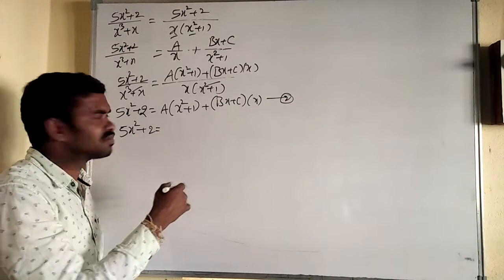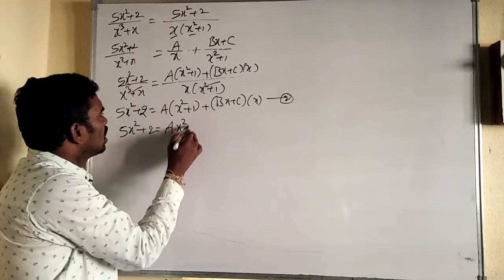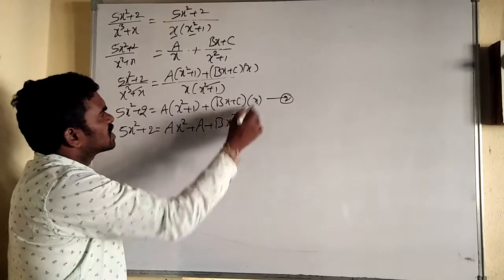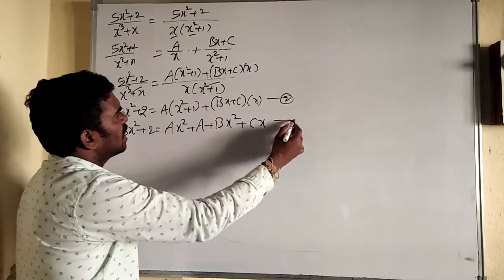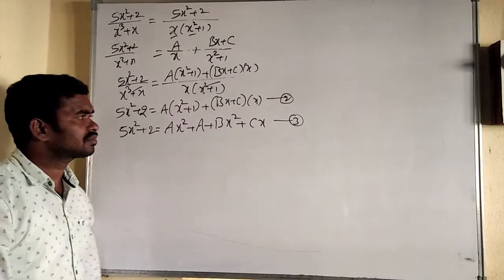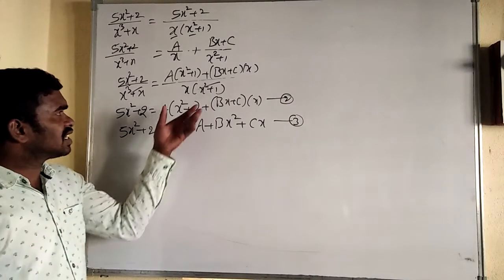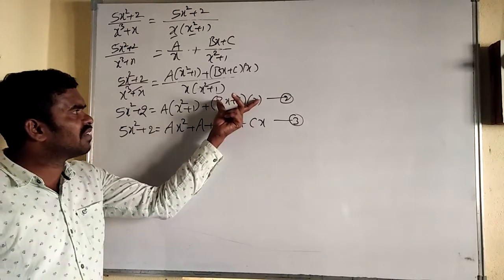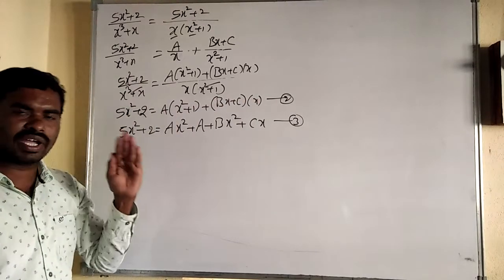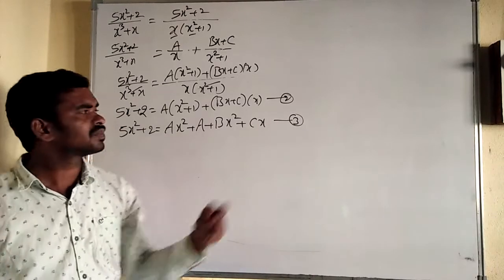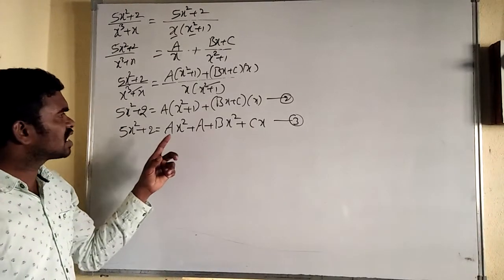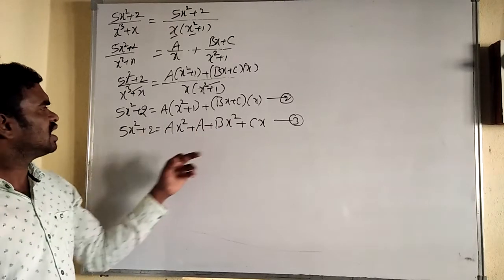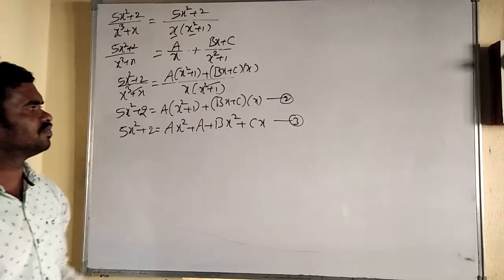Okay, the previous question we observed. a into x square, ax square, plus a into 1, a, plus bx into x, bx square, plus c into x, cx. Okay, taking this as equation 3. See, if you take x equal to 0, this will vanish and we can get the a value. Or, equating the x square coefficients, we get a plus b equal to 5, and equating x coefficients, we get the c value.